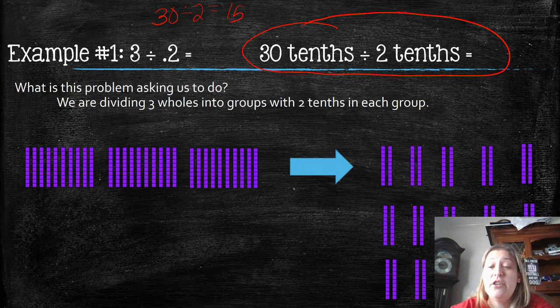And there's my 15 groups of 2 tenths. So when we divide 3 wholes or 30 tenths into groups with 2 tenths in each group, we are able to make 15 groups. Okay?